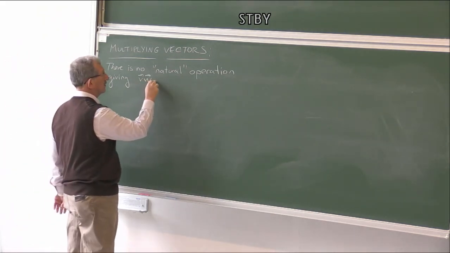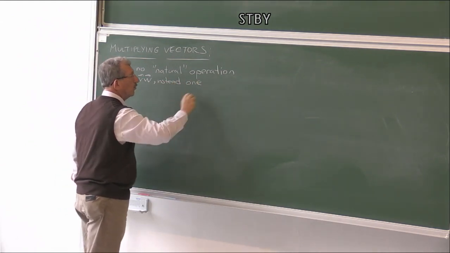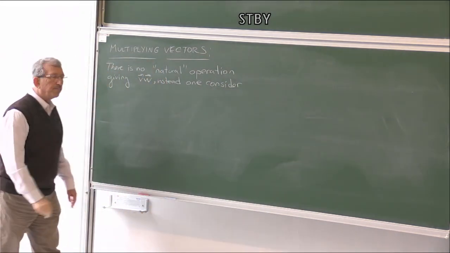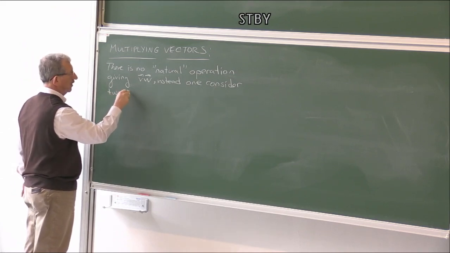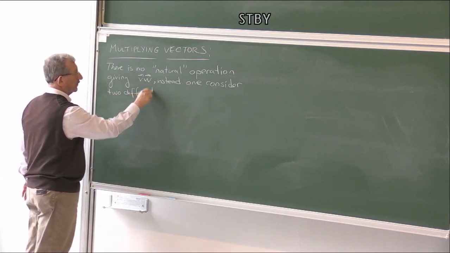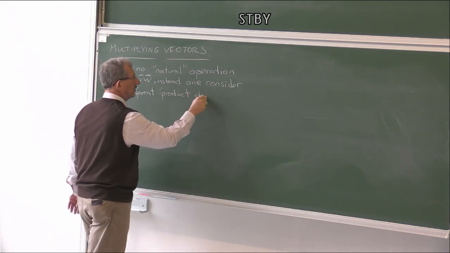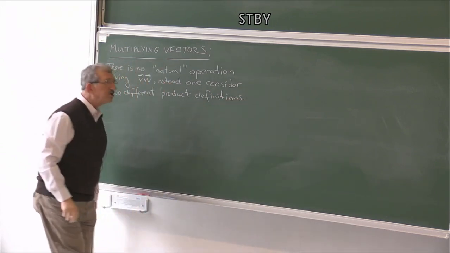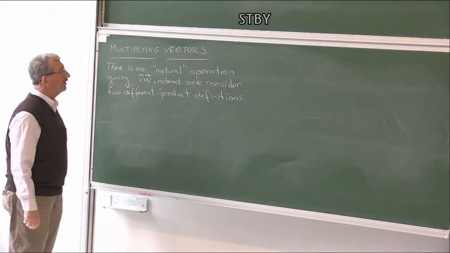Instead, one considers two different types of multiplication, because each of them has its importance in dealing with vectors.